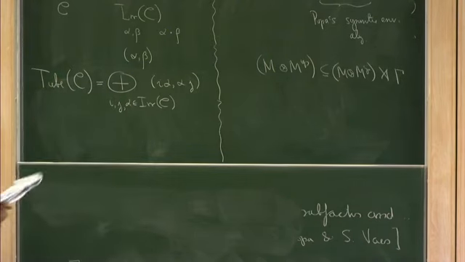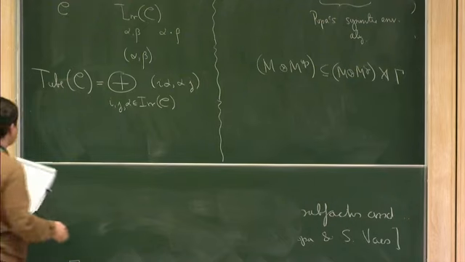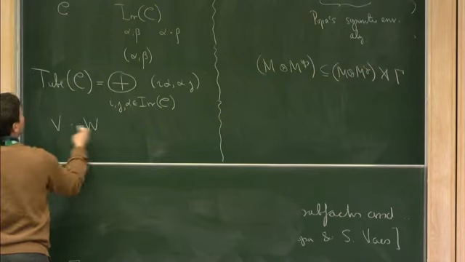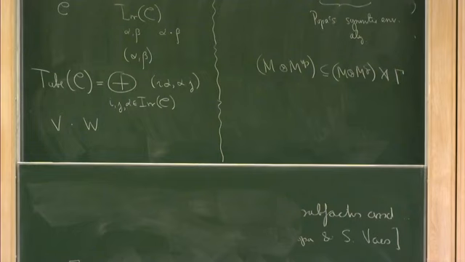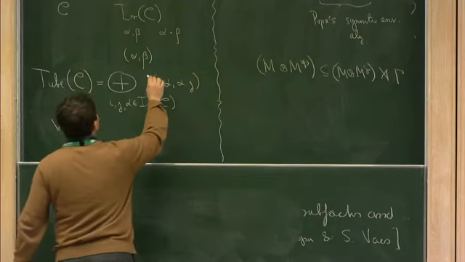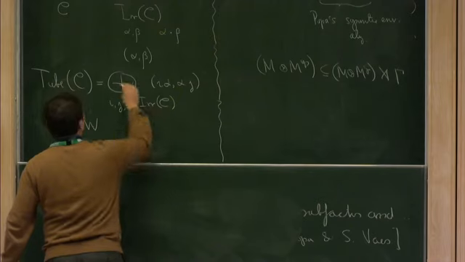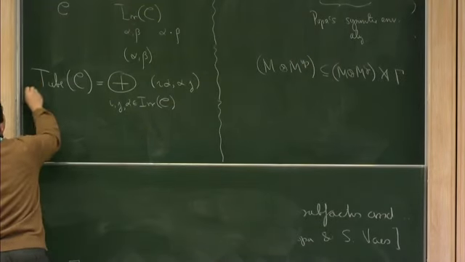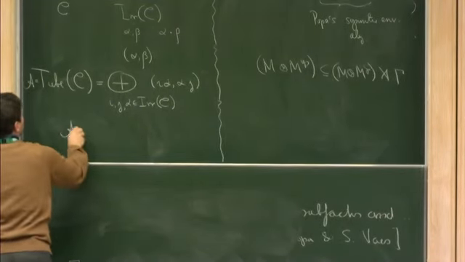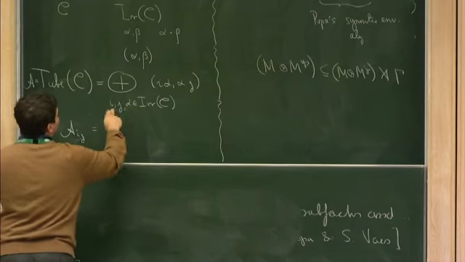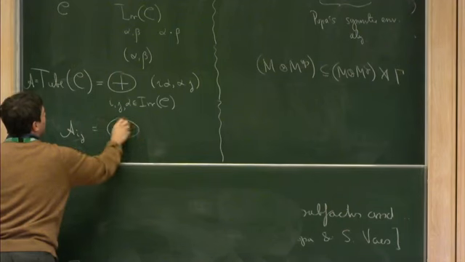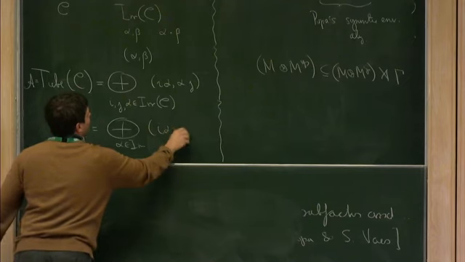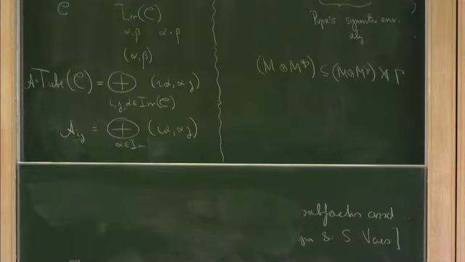Now, the way you define the multiplication in this algebra is that if you take V and W, so V and W are going to be intertwiners. Let me call this algebra A, and let me call Aij the piece that corresponds to i and j here. So it's the direct sum over all alpha of I alpha j. So the ijth piece somehow.